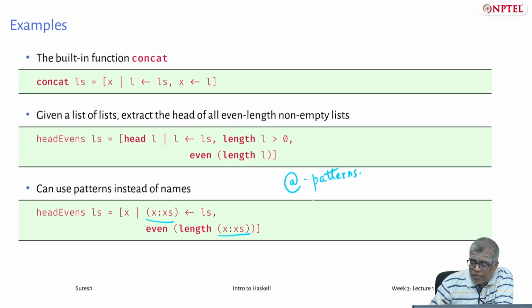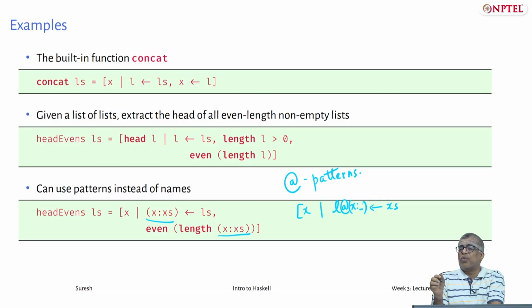I could perhaps simplify it by saying print out x such that l belongs to ls, but l also has another name, an alias, which I will call x colon underscore. In other words, I want to refer to the first element of l as x, but I also want to be able to refer to it as l.